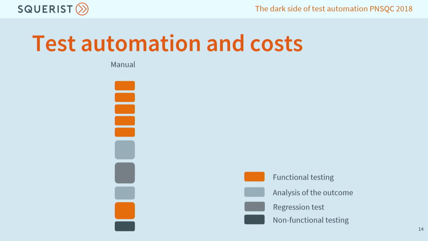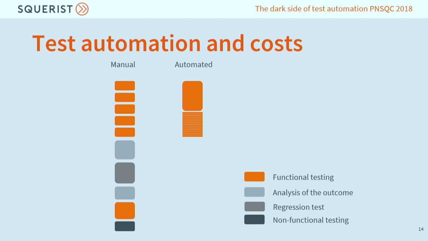Let's look at automated testing. The first test case takes an awful lot of time. You have to find the right tool, you have to get your test framework, you try something, it doesn't work, you want to try it another way. So the first test case is really, wow, we did it. That's great.